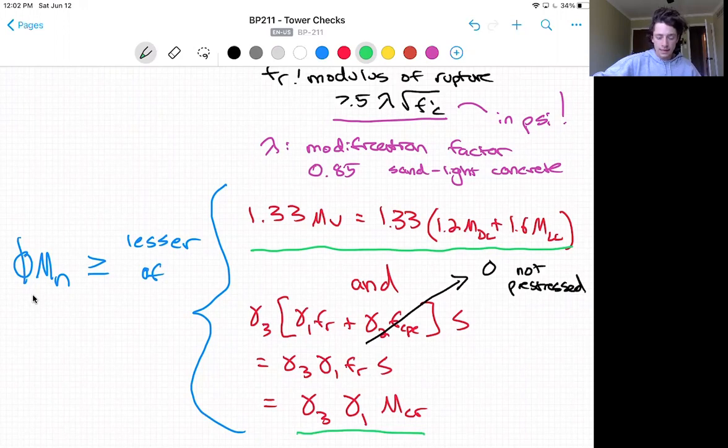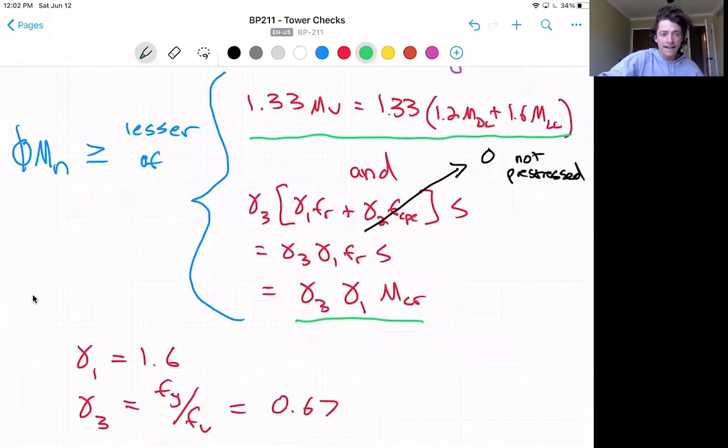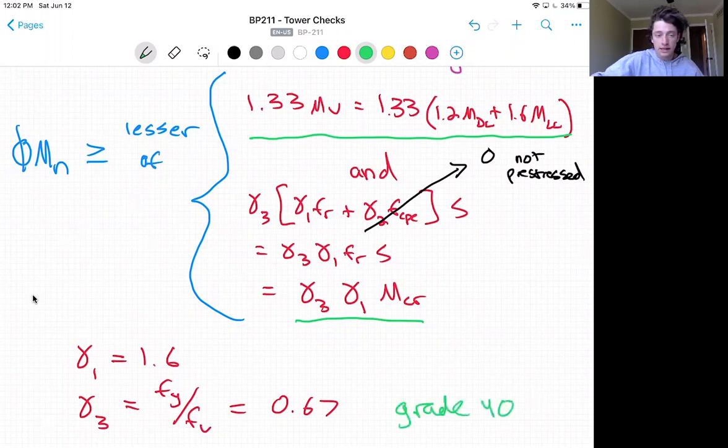Now gamma 1 is taken as the cracking factor of 1.6, and gamma 3 depends on the ratio of yield strength of the steel rebar to the ultimate tensile strength of our steel. So for grade 40 steel, this is going to be 0.67. And this whole equation again is spelled out on slide 15 of the presentation provided.